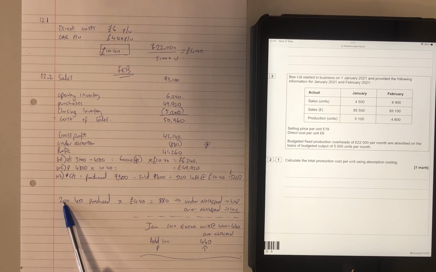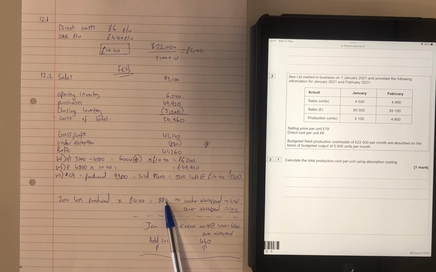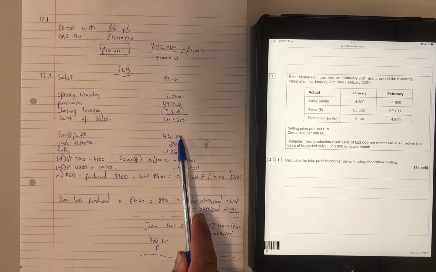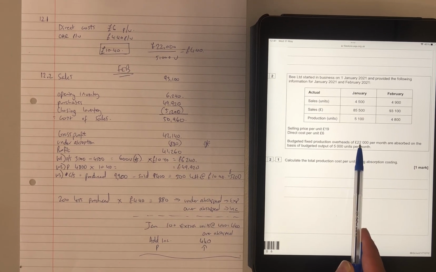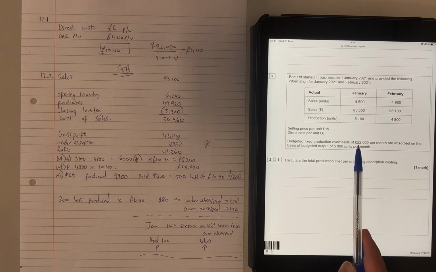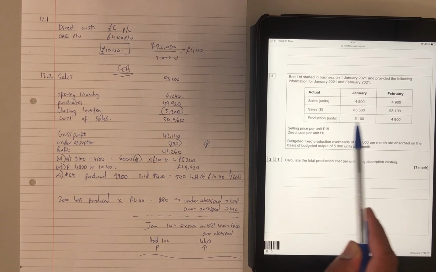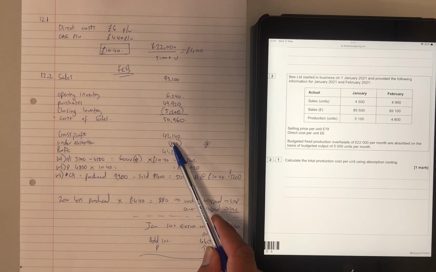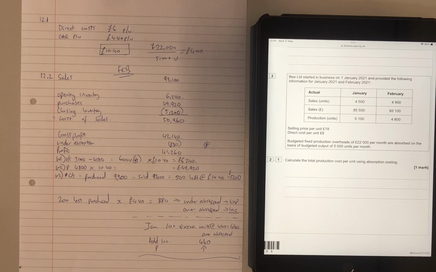Over here, the 200 that we didn't produce, we've times it by £4.40, and that we charge and we reduce our profit, because at the end of the day, we never paid 22 grand, we paid about 21,200 or something like that, 21, what is it? 21,120, I think it is. Okay, so we missed the other 880, and therefore, as part of this costing method, we must charge that to the income statement, treat it as an expense, and reduce our profit.